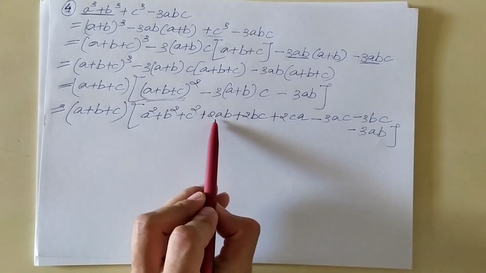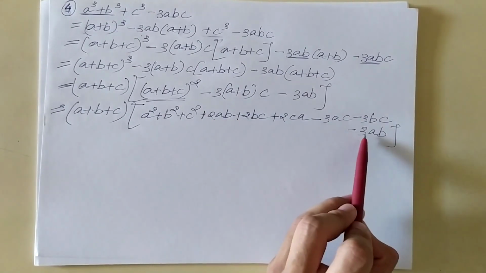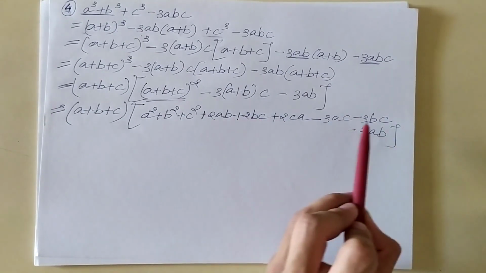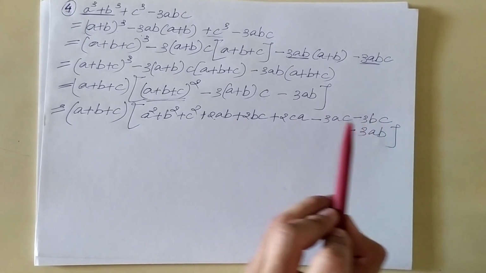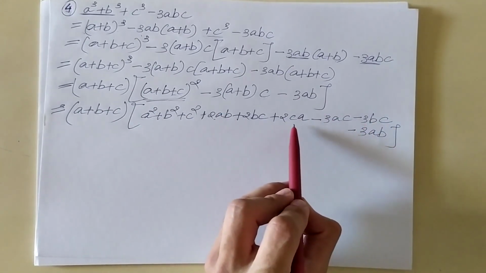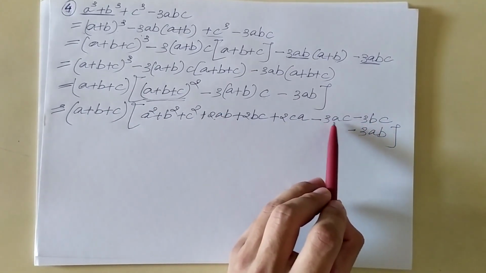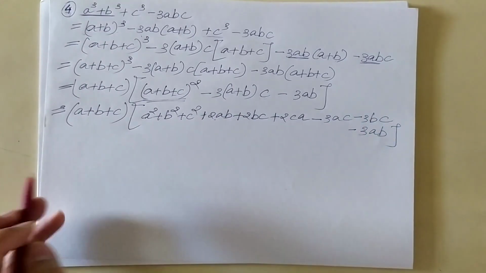Now we can see here 2ab minus 3ab is minus ab, 2bc minus 3bc is minus bc, and 2ca minus 3ac is minus ac.